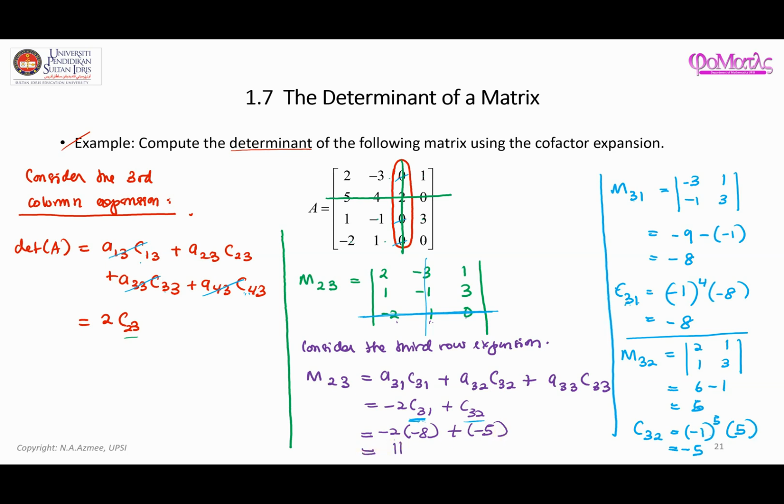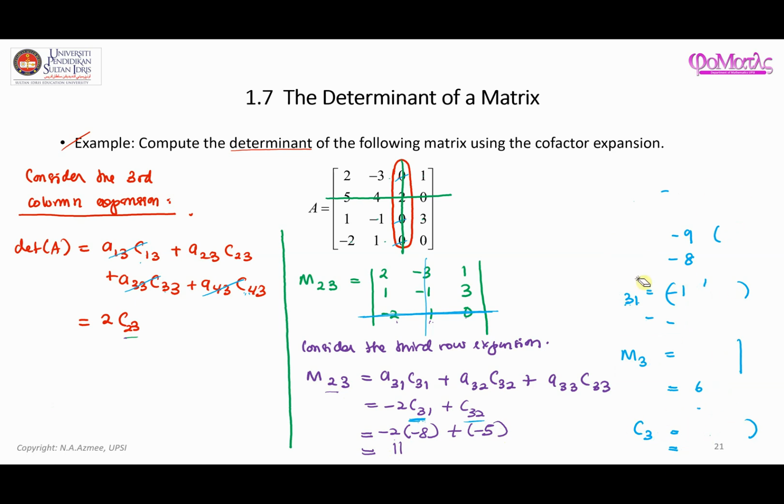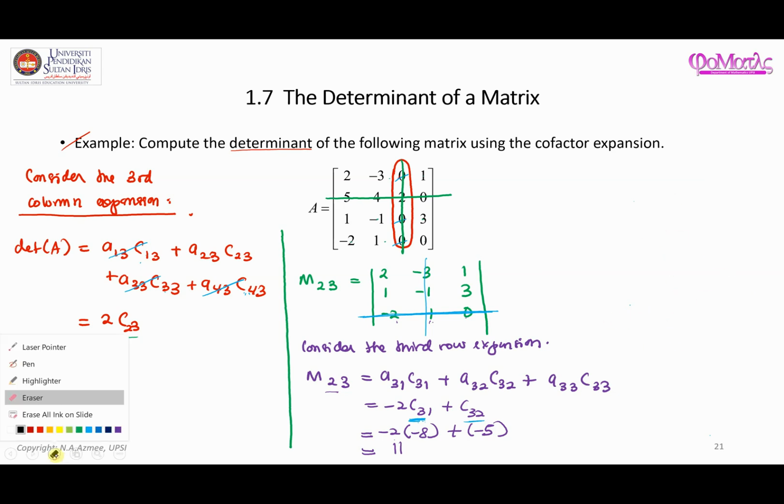So here is M23. But we are not done yet because we need to find C23 to be plugged in right here. I really don't have space, so I'm just going to erase this part. Alright, so we've got the result of M23.